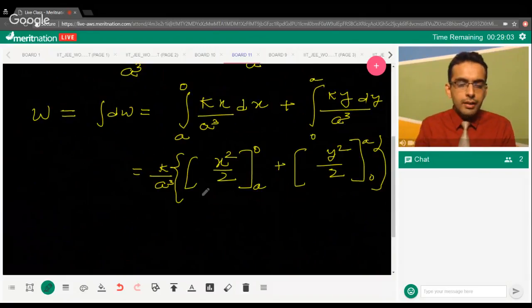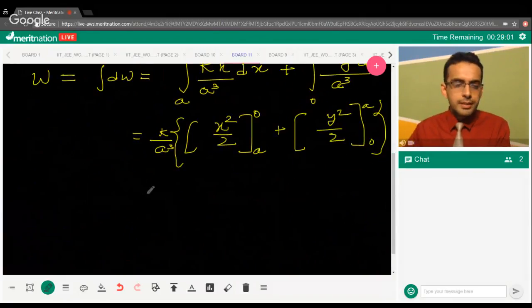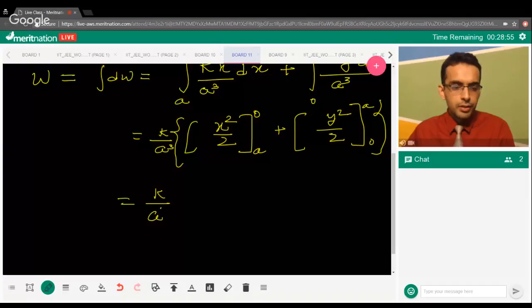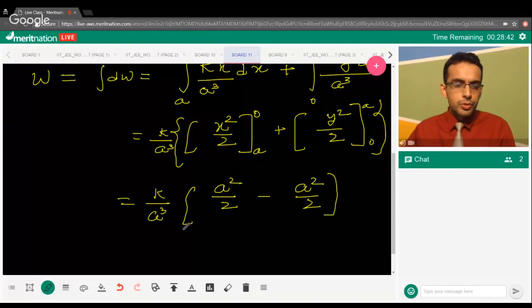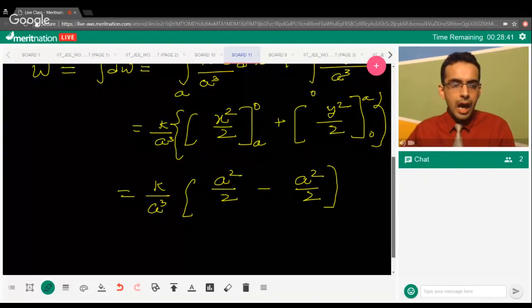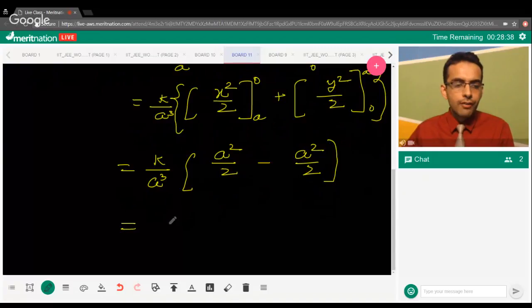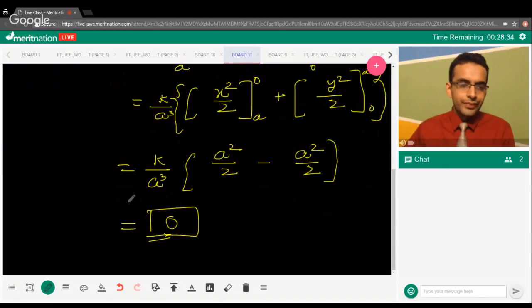Now when you put the values, you get k by a cube multiplied by (a square by 2 minus a square by 2). So that means the total amount of work done is equal to 0. That is the final answer that we have to derive.